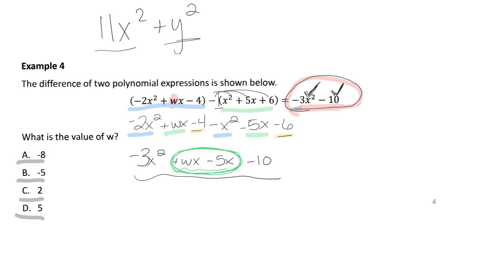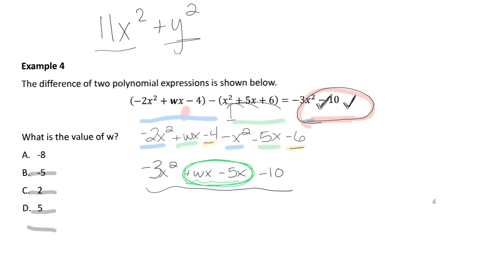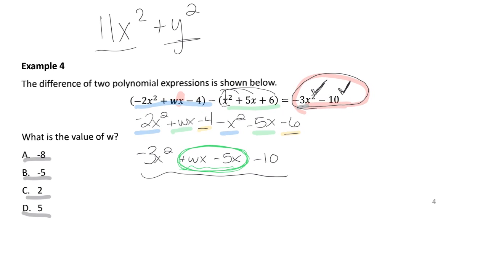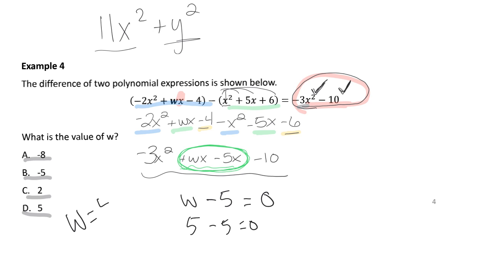So since it has to be equal to 0, we would look at w minus 5 has to be equal to 0. So between A, B, C, and D, you can either start plugging them in, or I know 5 minus 5 is equal to 0. So then w has to be equal to 5 because we want 0 here because they cancel out.